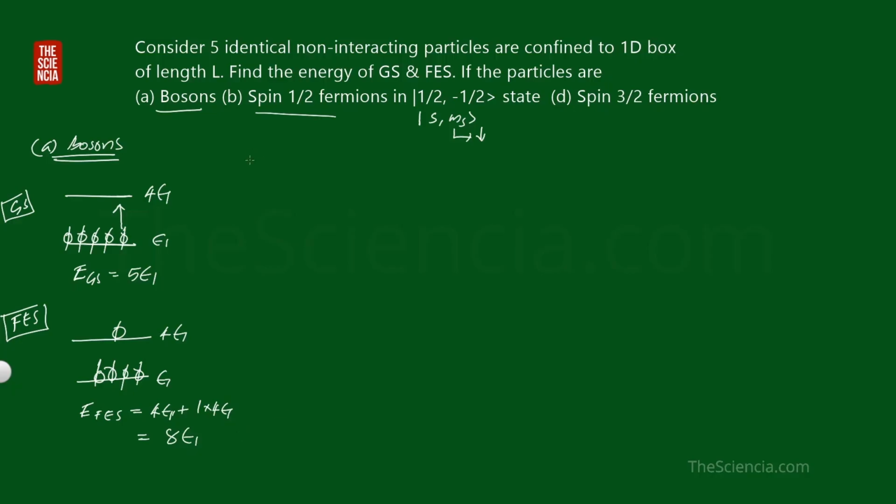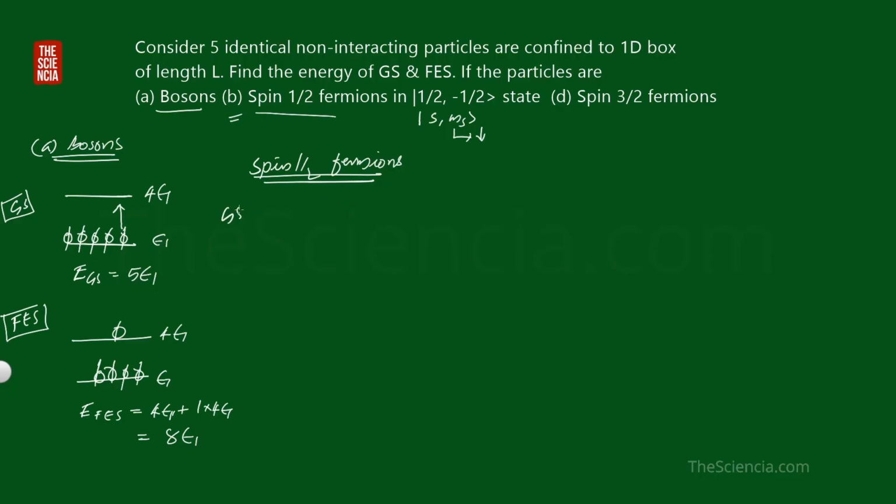Now I am going to consider spin half fermions, an intermediate step between the cases. Before, the specific case had all particles in down spin, but here I am taking spin half fermions generally, so a particle may be in up spin or down spin.